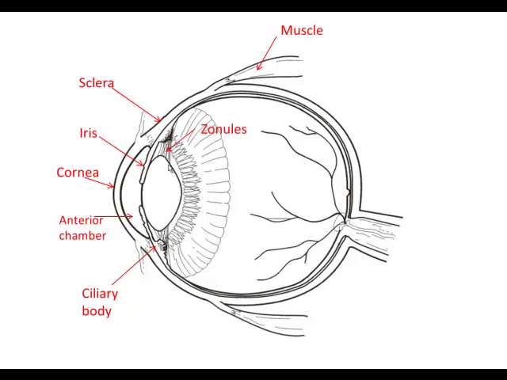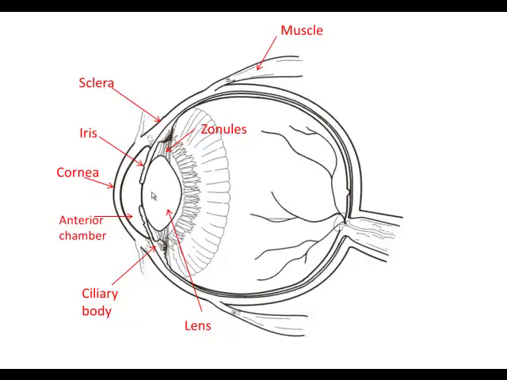These little stringy things right here are called the zonules. They reach from the ciliary body and the muscles of the ciliary process and attach to the lens, which is this right here. This is what helps focus the light and helps you read things up close.